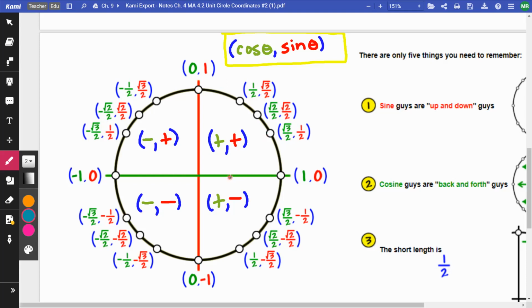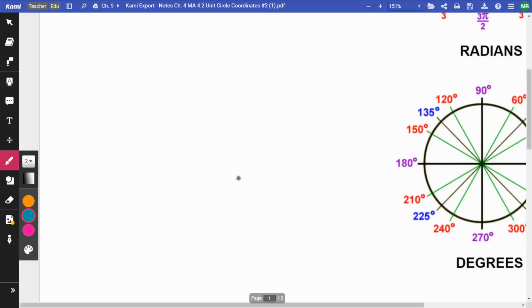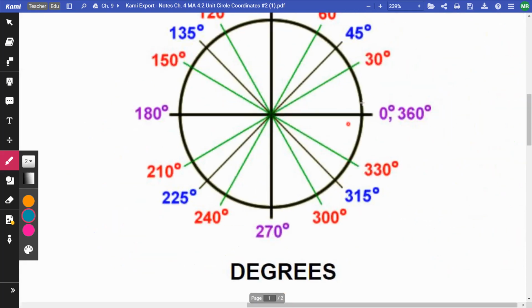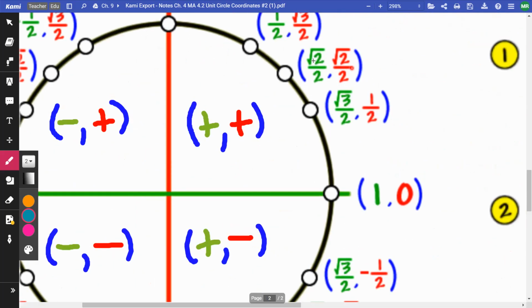So if I asked you guys, okay, what is the sine of 30 degrees? I'd want the y coordinate of this point. And the y coordinate of that point is 1/2. So if I put sine of 30 degrees in my calculator, it would give me a 0.5.